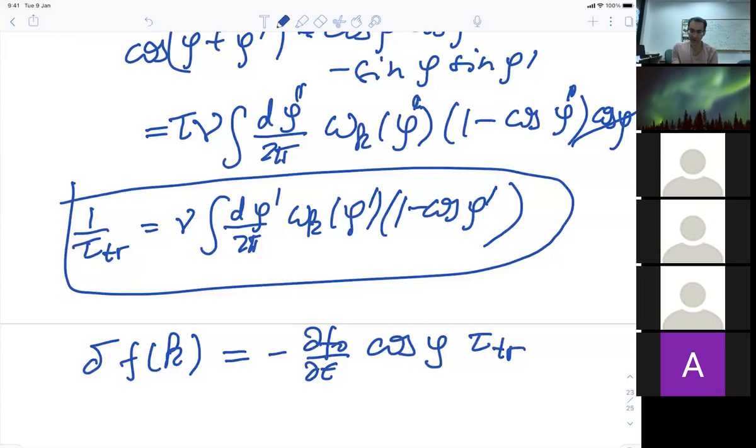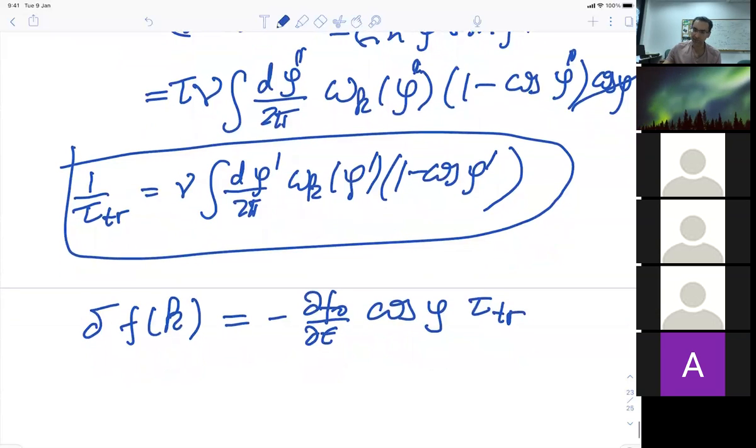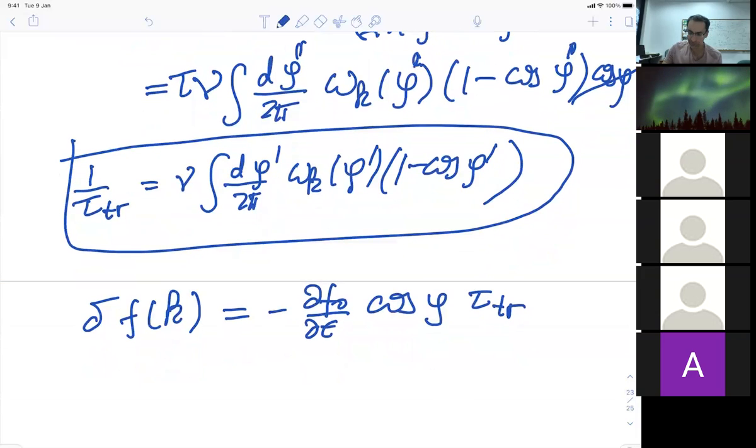Now, what does this integral tell us? It tells us that there is a characteristic time associated with the scattering probability W.